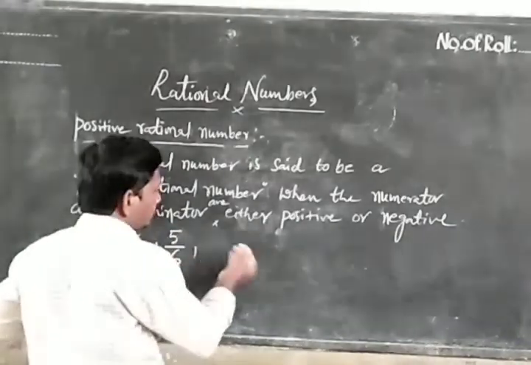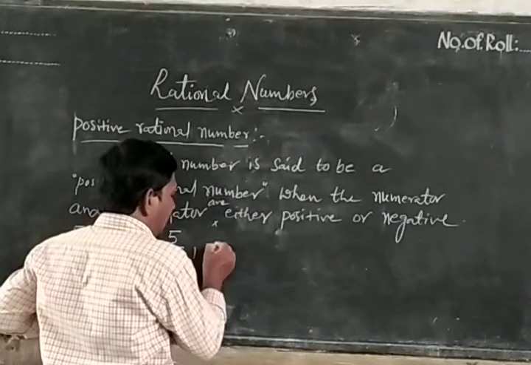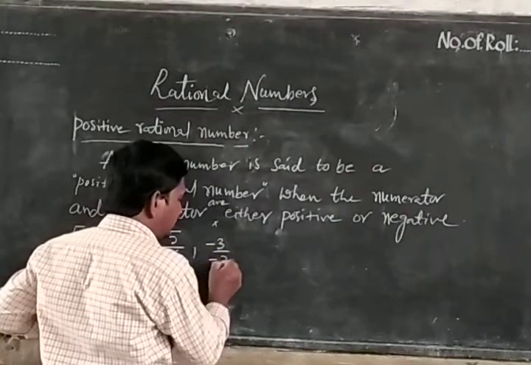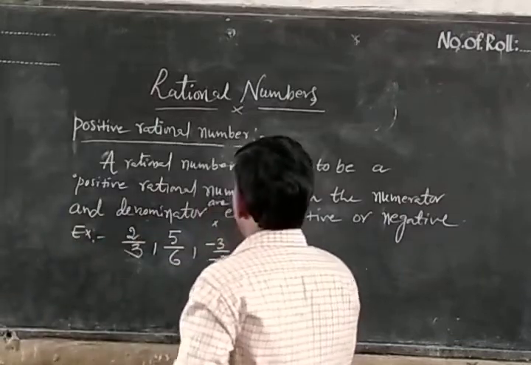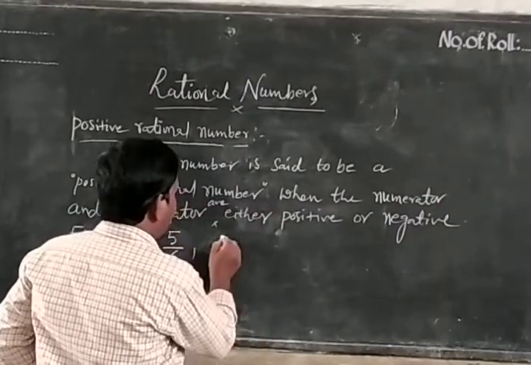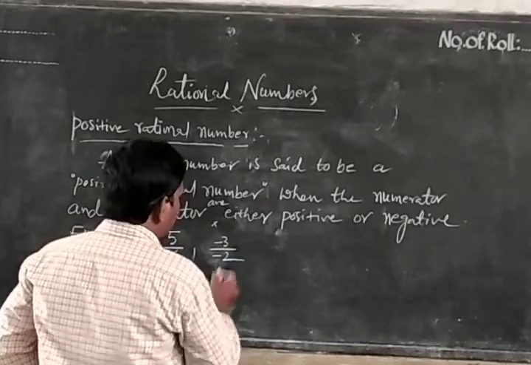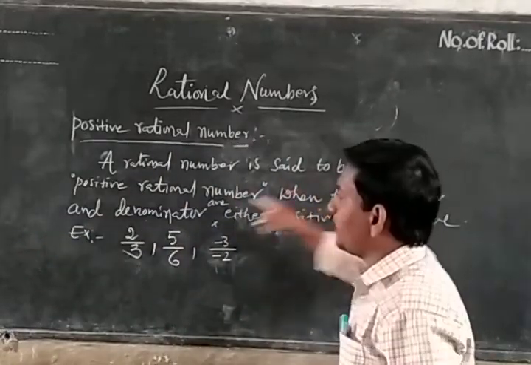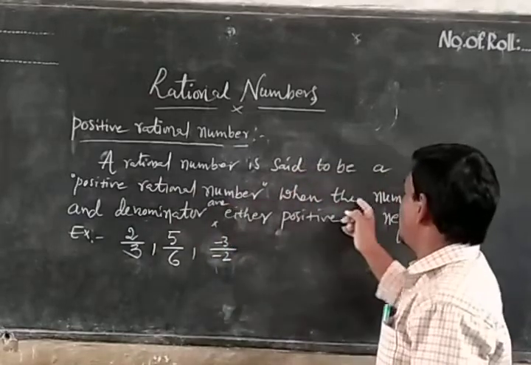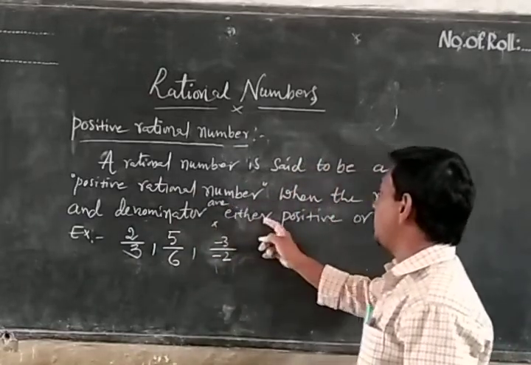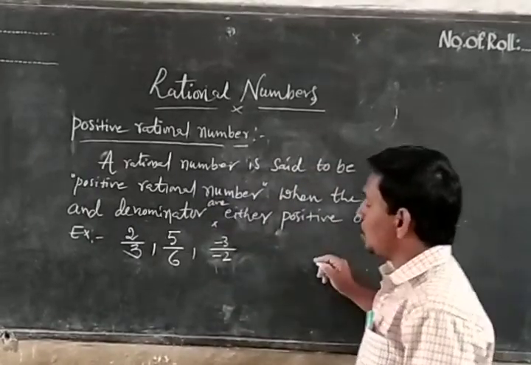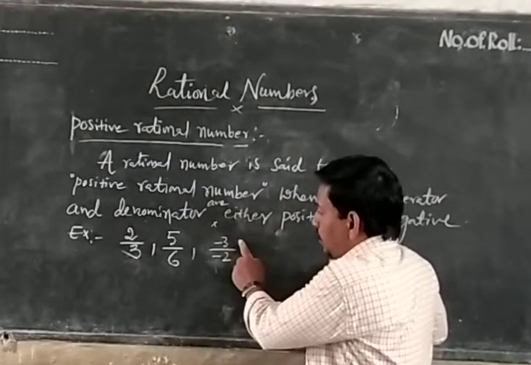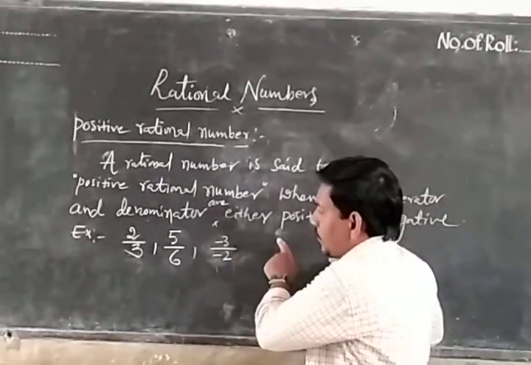And minus 3 by 2. So, a rational number is said to be a positive rational number when the numerator and denominator are either positive or negative. So, minus 3 is the numerator, minus 3 is negative.